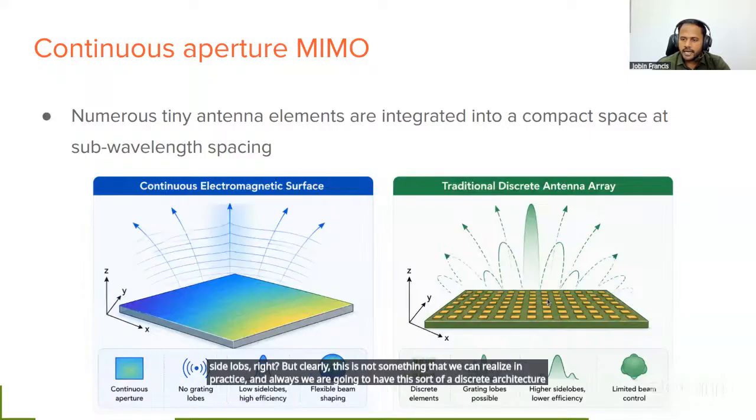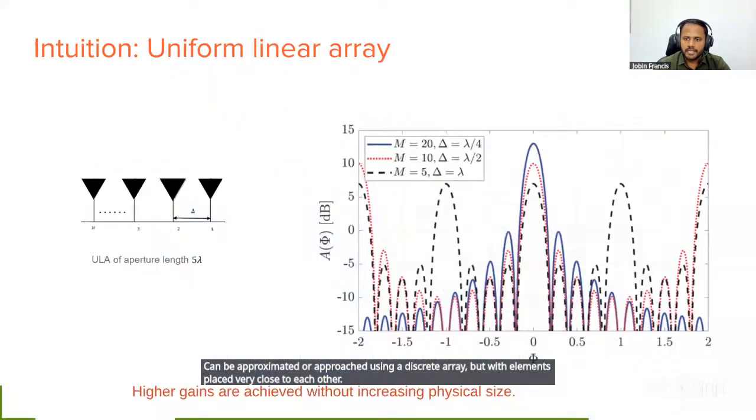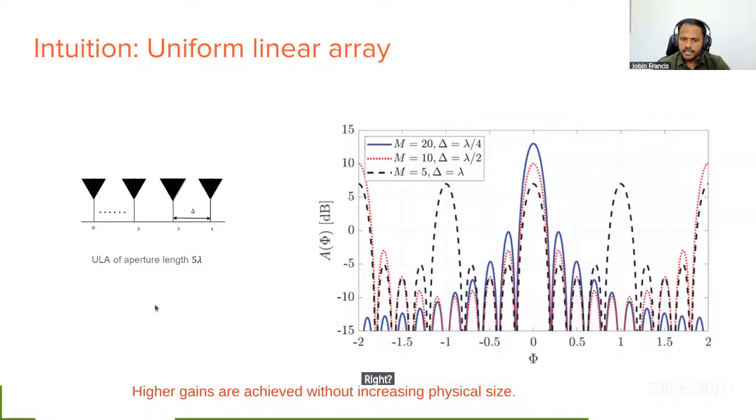But the idea is that the gains or the performance advantages of this continuous surface can be approximated or approached using a discrete array, but with elements placed very close to each other. Okay, so effectively you keep the antenna elements closer than the typical lambda by 2 spacing, that is half wavelength spacing, right? And the gain comes from this simple scenario, right? This is the intuition that you can have, right?